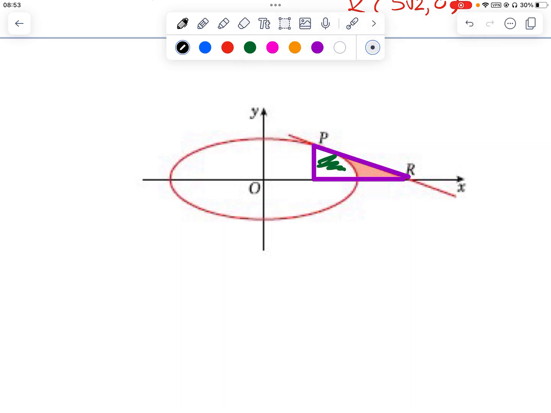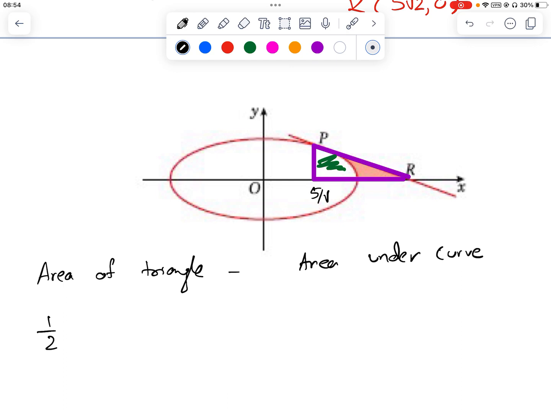What's the plan? Area of triangle minus area under curve. Area of a triangle is half base times height. Now at P we know the value of x. What was the value of x? 5 upon root 2. And height is 4 upon root 2.